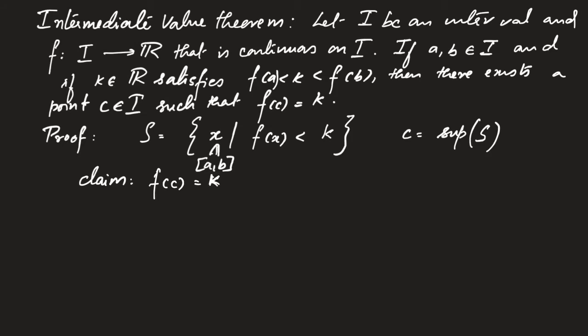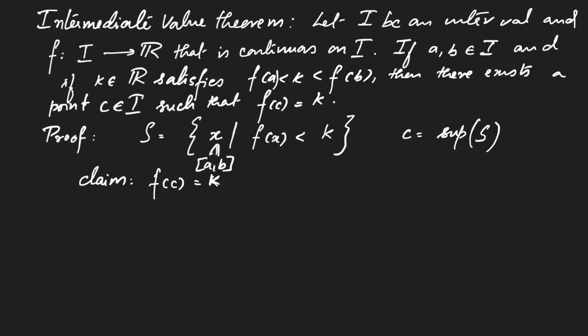In some sense, it is intuitively clear why f of c has to be k. If you take a number greater than c, then clearly f of that number has to be greater than k. And if you take any number, say c dash, less than c, then there exists some number between c dash and c such that f of that number will be less than k.